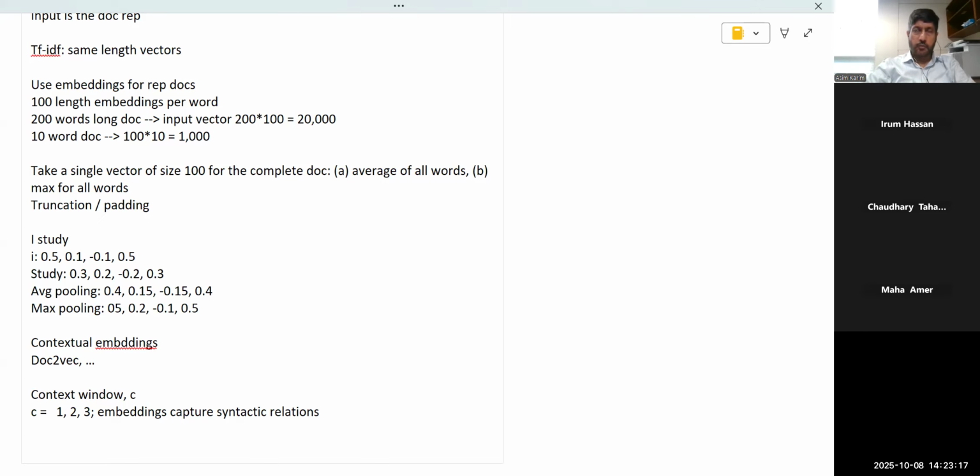For example, a determiner like "the" will most likely be followed by a noun. So, "the car", for example. So "the" and "car" are two words that are close together, meaning that C here is, for example, one. So if you keep C as 1 in your training, your embeddings would emphasize syntactic relationships.